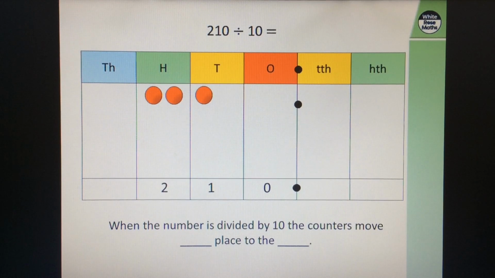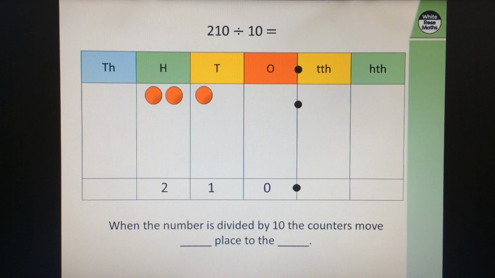Okay, let's have a look at some examples on a place value chart then. So this one, 210 divided by 10. We can see we have got that shown on a place value chart with the digits underneath and the 0 in the ones column to represent the fact that there are no ones. Okay, so when we divide a number by 10, our counters move 1 place to the right.